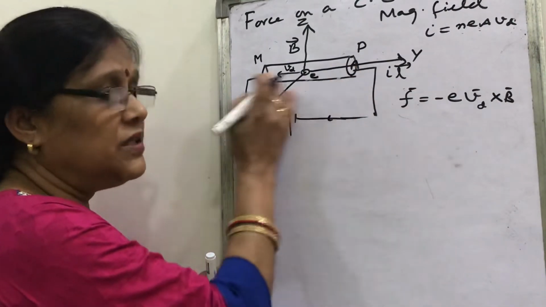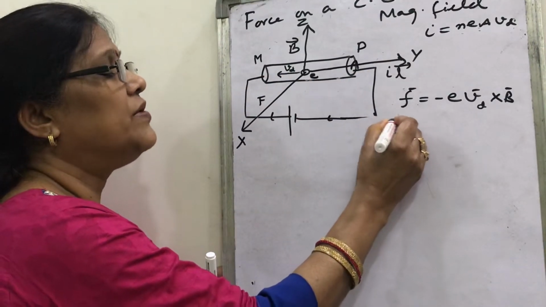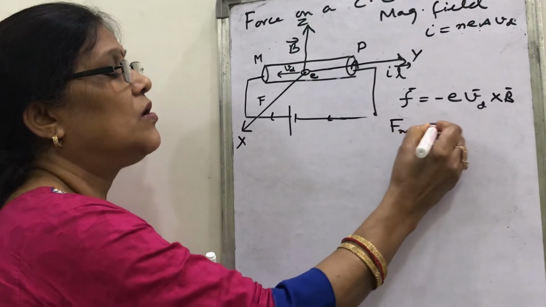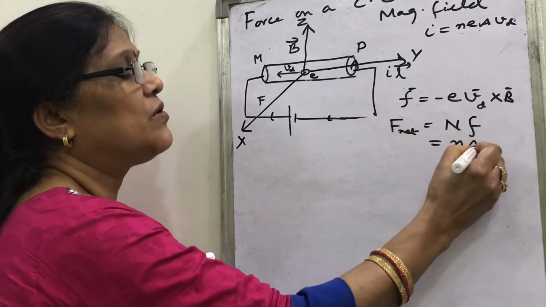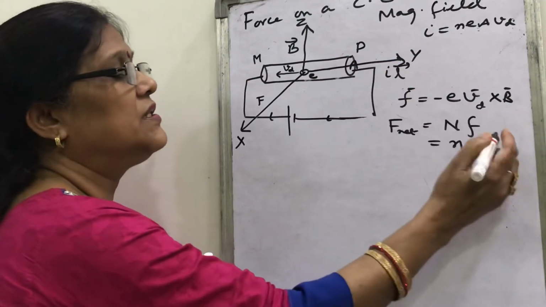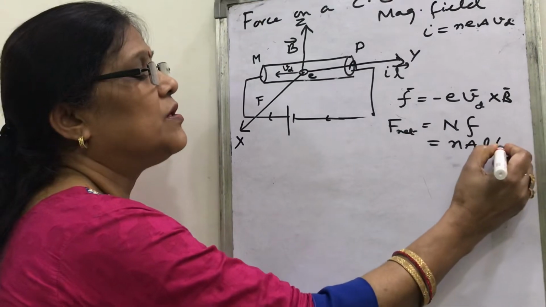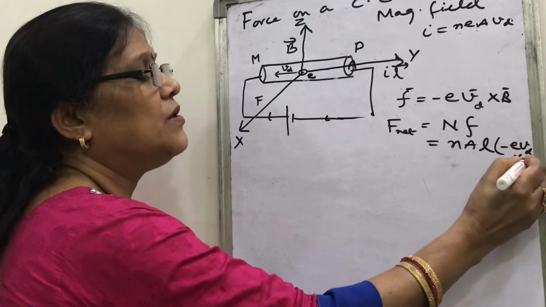Now all the electrons will move in this direction, then what will be the net force? So F net will be the total number of electrons into this, and we have read that the total number of electrons is n A L, where A is the cross-sectional area and L is this length, into this one, minus e VD cross B. We have read this.